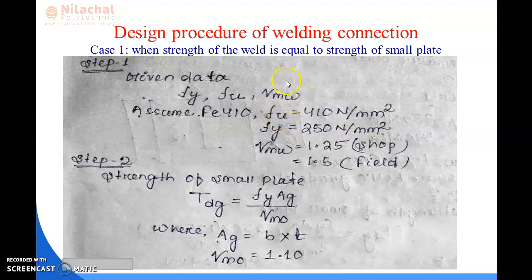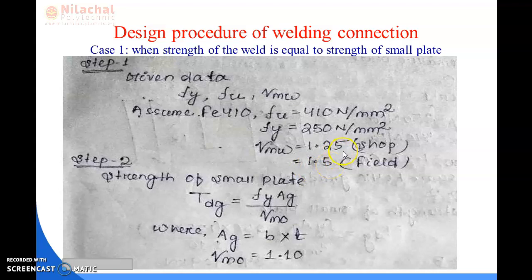Then gamma MW is the partial safety factor for welding connections, which has two values. One is 1.25 and one is 1.5.